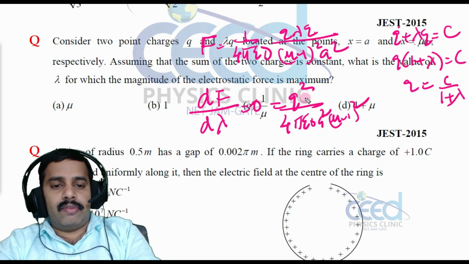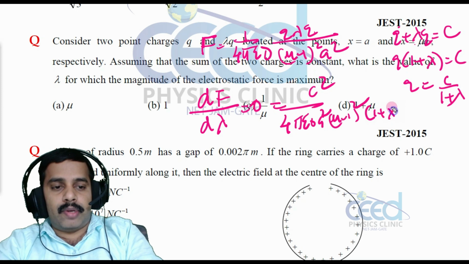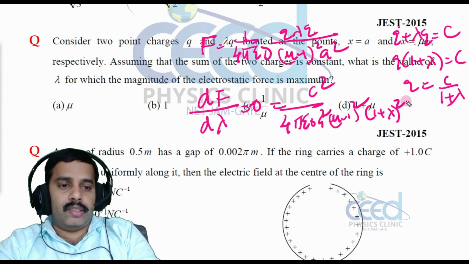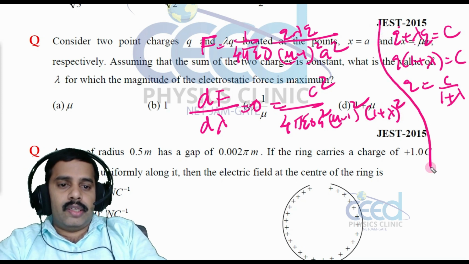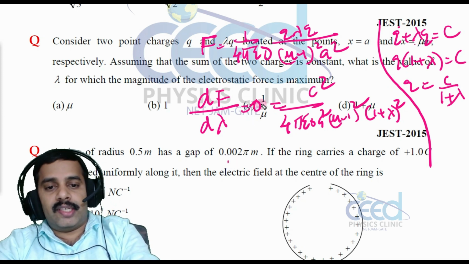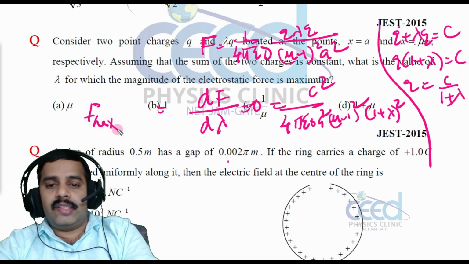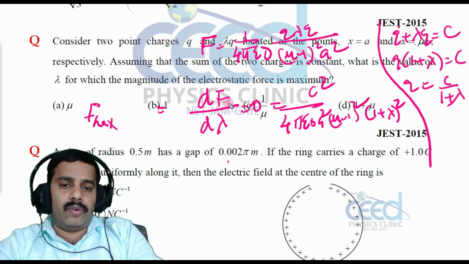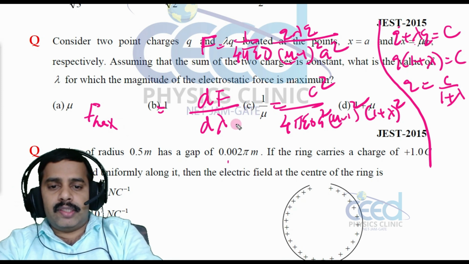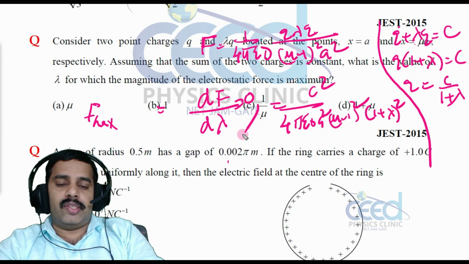So here we have C square, and here we have (1 plus lambda) whole square. Alright. Now F is maximum when dF by d lambda is equal to 0, right?